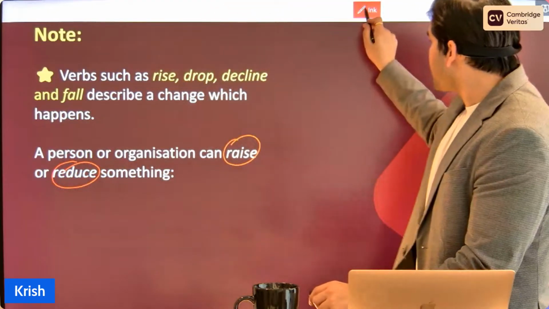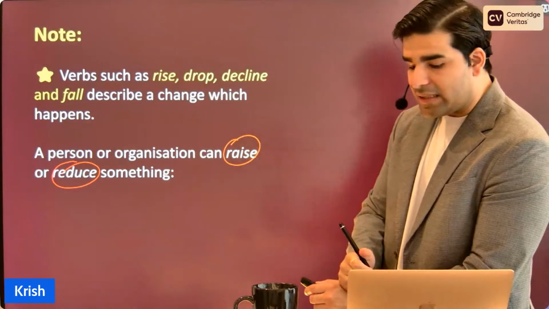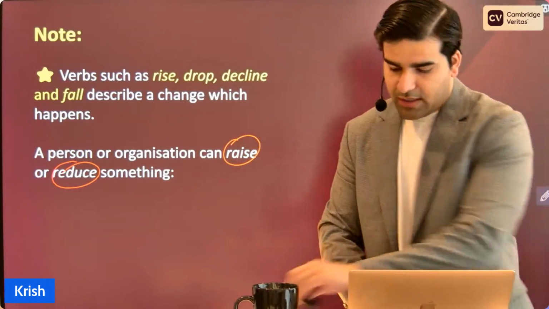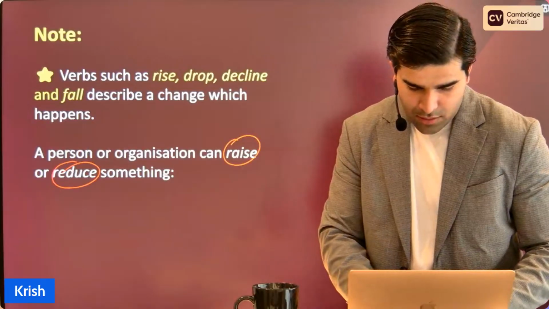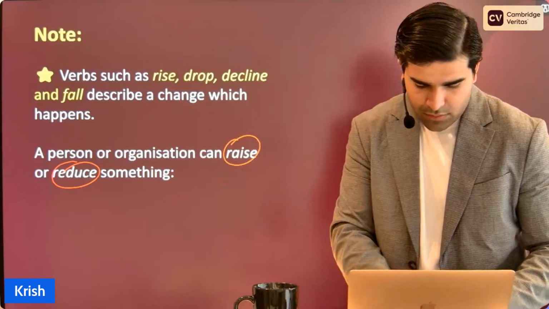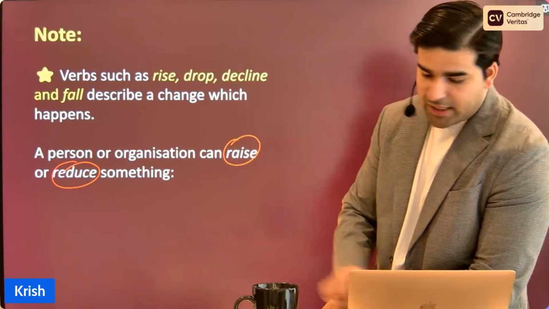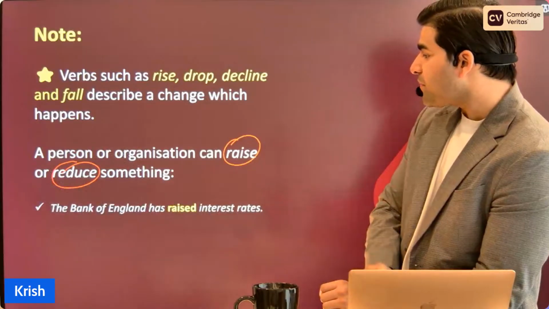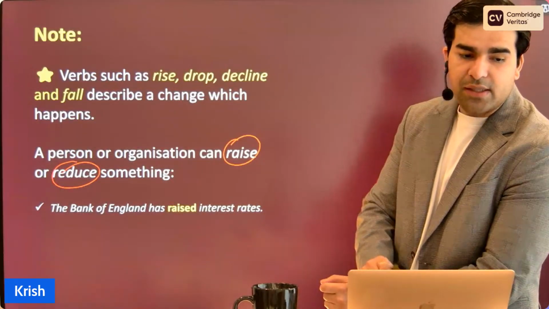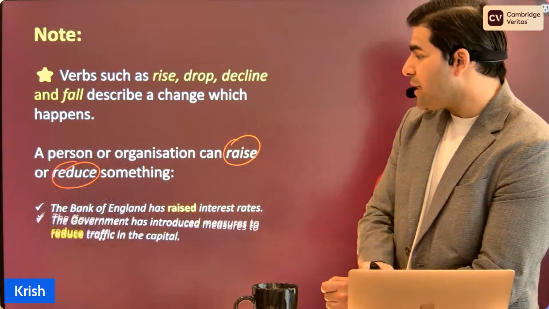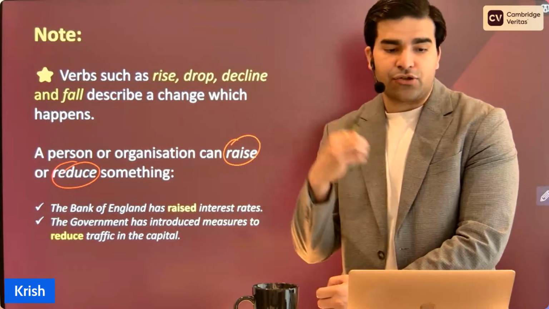For example, Bank of England is an organization, correct? So I've got a sentence here for you. The Bank of England has raised interest rates. So they are raising it. Number two, the government has introduced measures to reduce traffic in the capital.